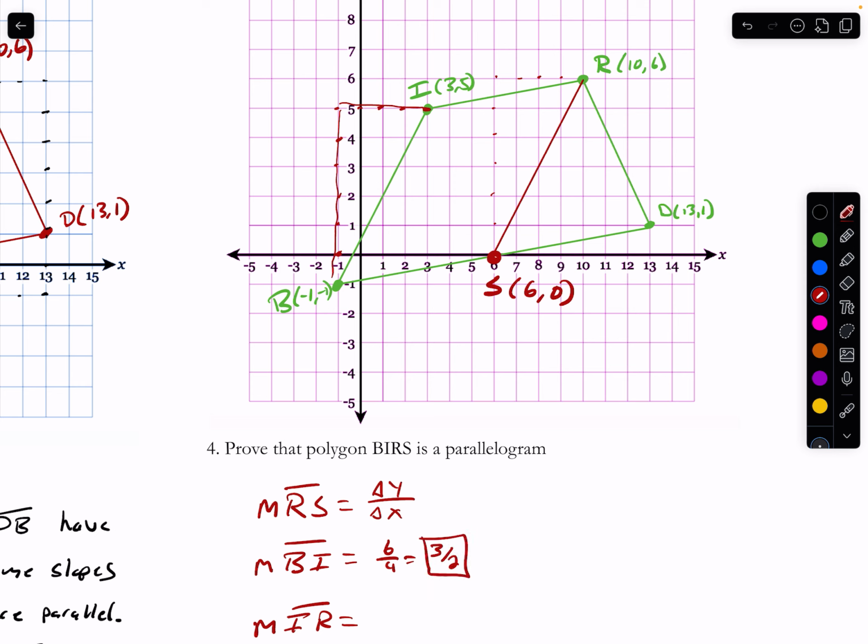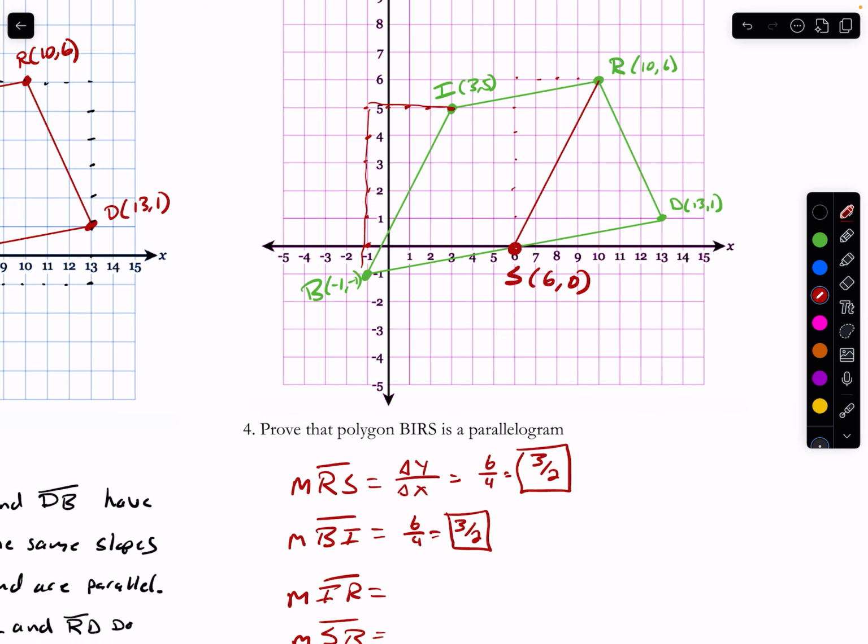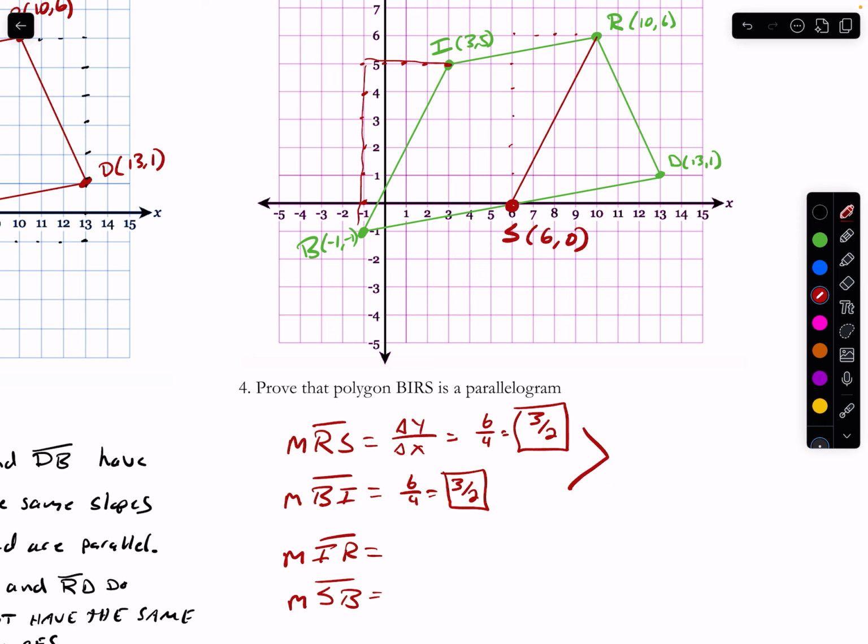Now we want to find the slope of R down to S, and we already counted it. The slope is going to be a rise of 6, a run of 4, so we also have a slope of 3 over 2. So we can say that RS is parallel to BI.